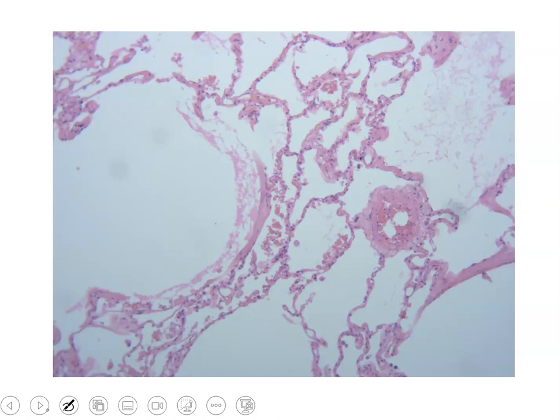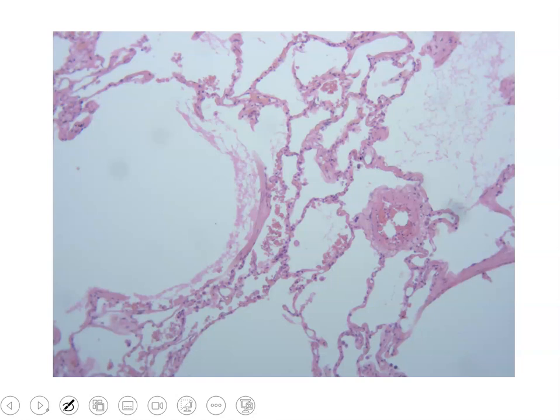So this is actually a slide of the lungs, but it is at a lower magnification, probably 5x or low magnification. But we can start to see the alveoli. So the alveoli are the sacs within the lungs that allow for gas exchange.